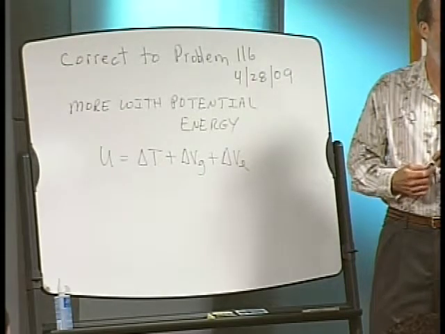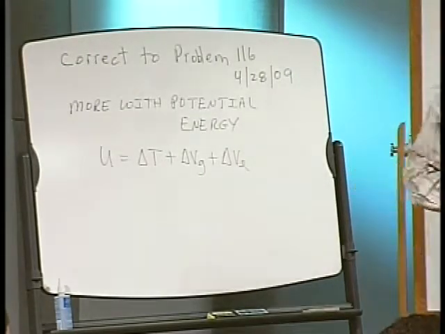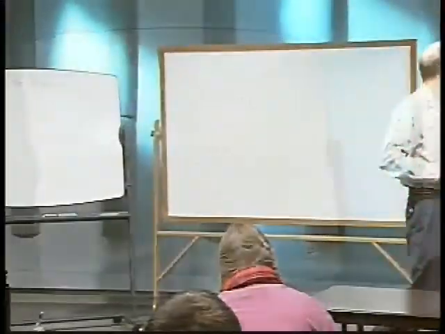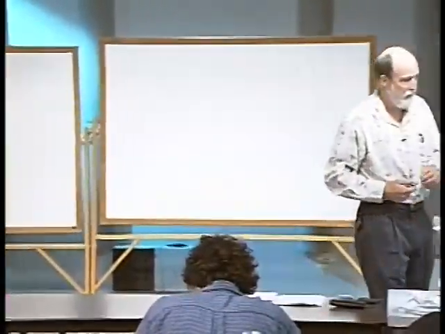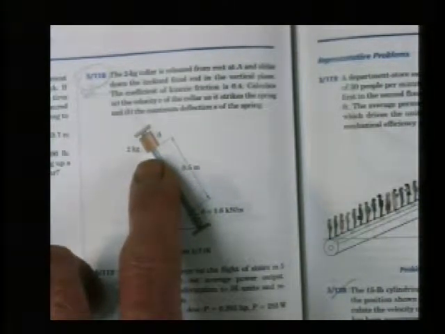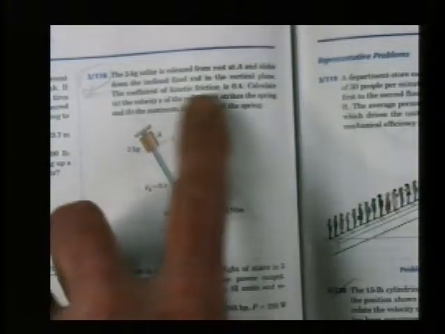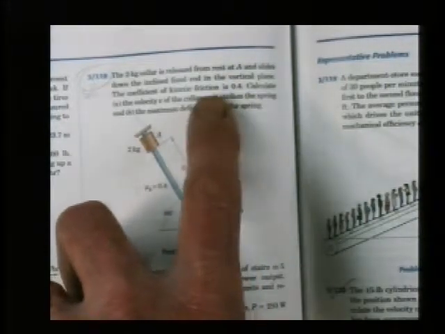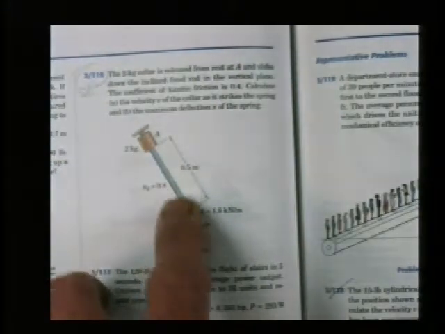So let's go back to that problem in the textbook. If you look up on the projection screen here, you can see that problem. And what we had before, and we'll redraw it, and then I'll write up a proper free body diagram, is we had this 2 kilogram mass that slides down this smooth rod. No, excuse me, there is friction. 0.4 is our kinetic friction coefficient, and it slides down that rod with friction.